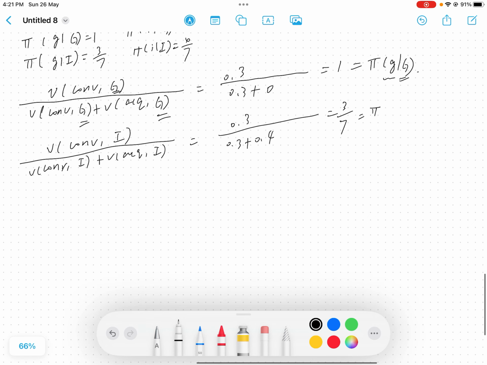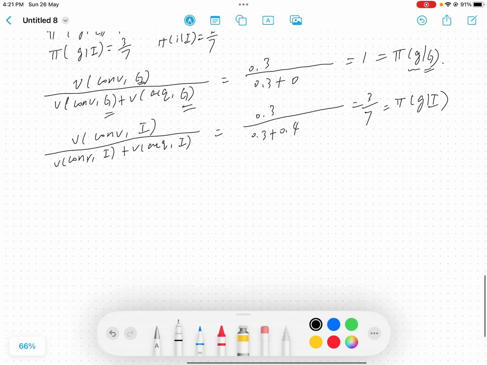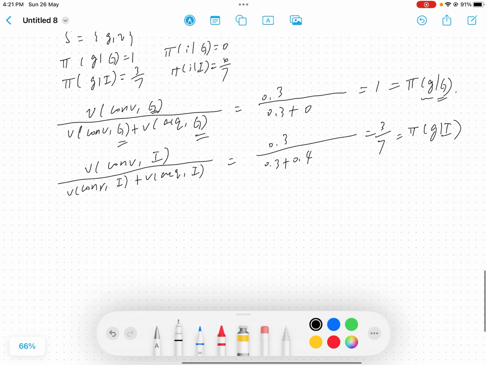And this should be the same as pi of g given I, okay? So from here, we can see that we have verified that those two approaches have the same results. And of course, they have the same result because we have already proved the equivalency rigorously.